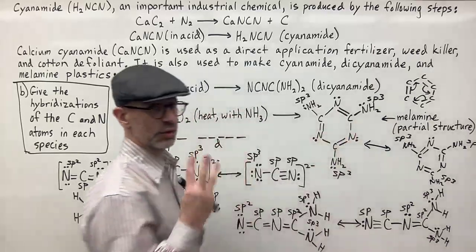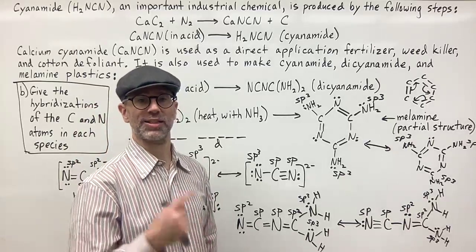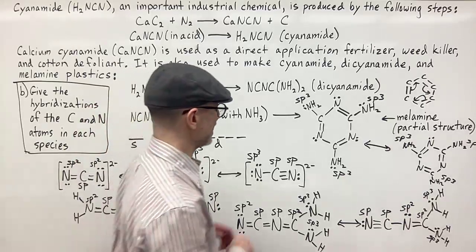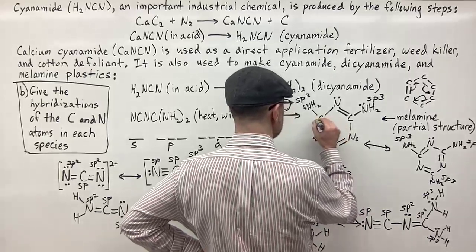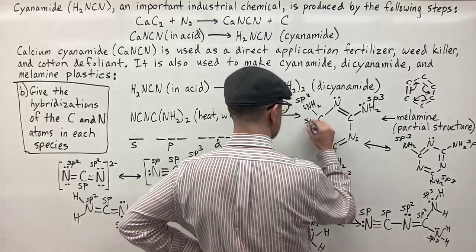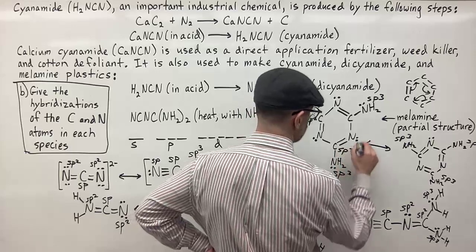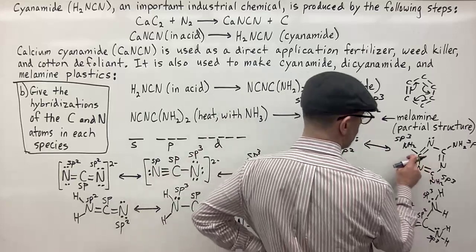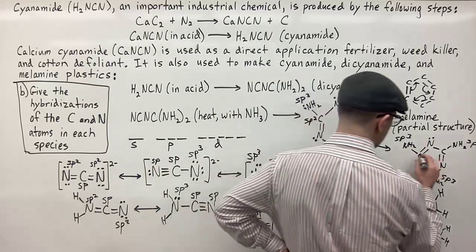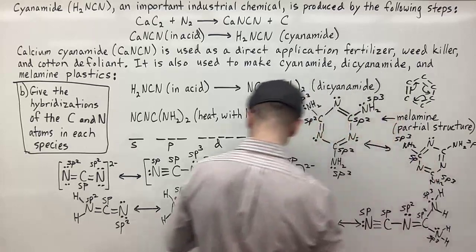So that's 3 bonding groups, 3 electron groups. So that's going to be sp2 hybridized. So I'm going to write that here, sp2, sp2, and sp2. Same thing over here, 2 single bonds, triple bond. So all of these are going to be sp2.